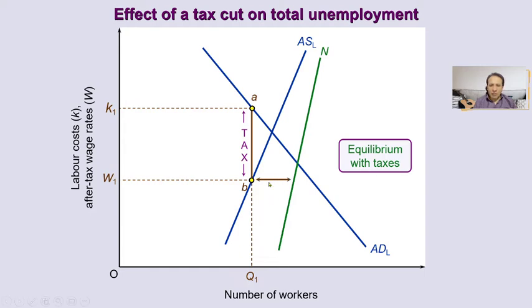As a result of this, at these wages, we are going to have this unemployment level. From the extension of this line, we will meet the point E. So BE will be the new level of unemployment.